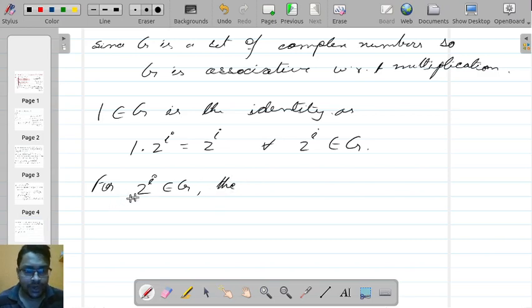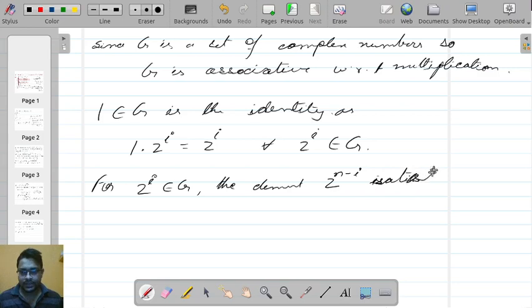Okay, so 1 is the identity, and for z to the power i inside G, the element z to the power n minus i satisfies z to the power i into z to the power n minus i. What is that? This is equal to z to the power i plus n minus i.